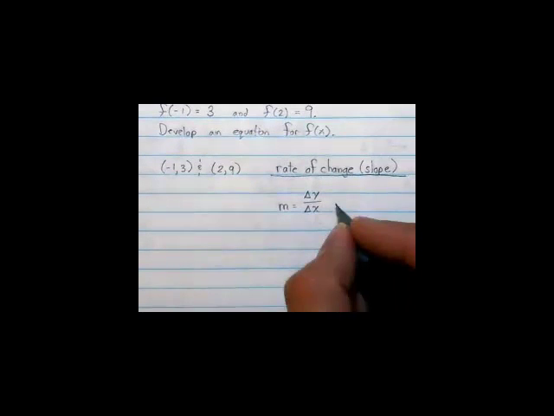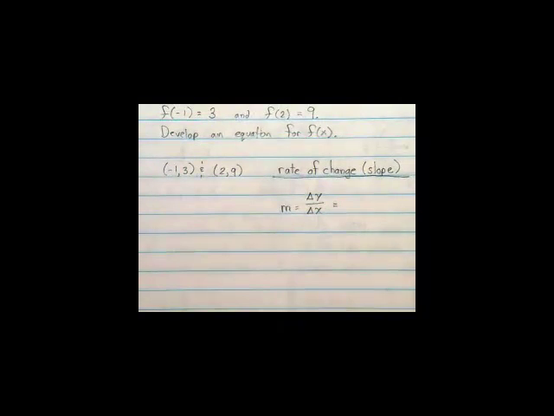Okay. So a couple different ways you can think about this. You can go through and subtract the two numbers. 9 minus 3 would be the difference in the y. 2 minus negative 1 would be the difference in the x. I tend to just look at the 2 points and think about counting from one to the other. So, like my change in my y, if I start at 3 and I end up at 9, what's the change? 6.